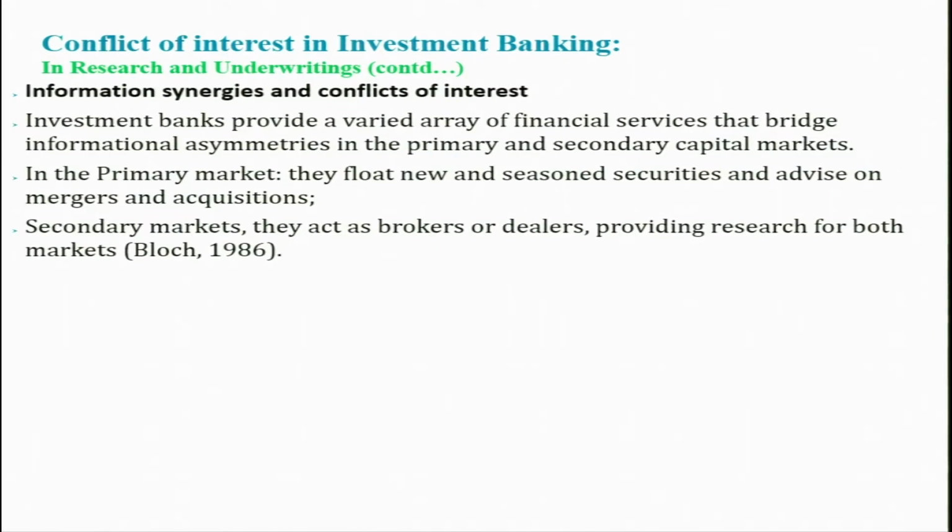In the secondary markets, they act as brokers or dealers, providing research for both markets. Joined with market making and proprietary trading, these services have important complementarities in the collection and use of information that encourage their joint provision.